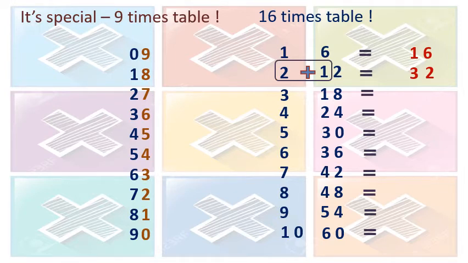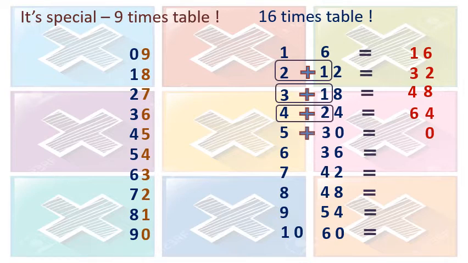Okay. Now in the third line again we will write 8 as it is. We are going to add 3 plus 1. The answer is 4. 16 threes are 48. Got this? Next again 4 we will write, 4 plus 2 here. So that is nothing but 6. 16 fours are 64.